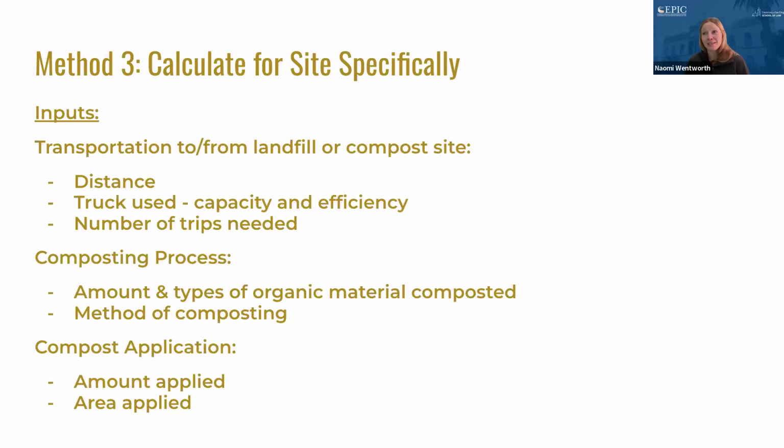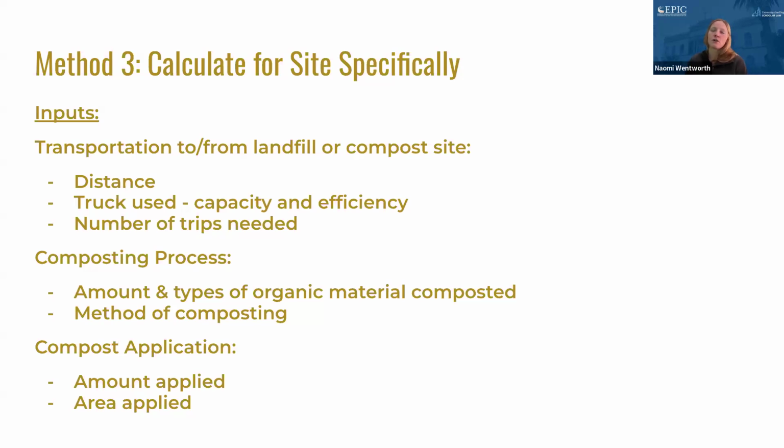The trucks used. So if you're comparing to a big diesel or compressed natural gas garbage truck, which is getting 10 miles to the gallon versus a little pickup truck or a bicycle or whatever those are. And then the number of trips needed.